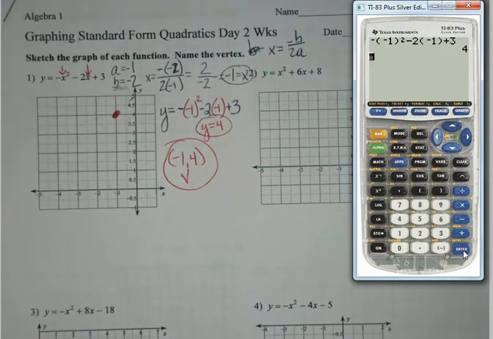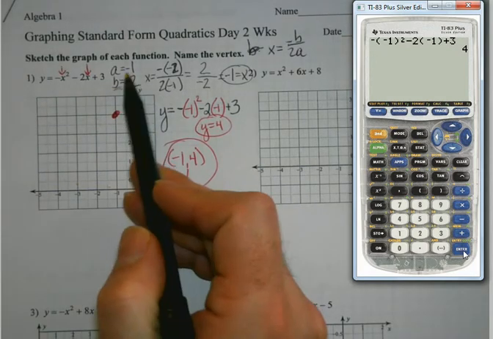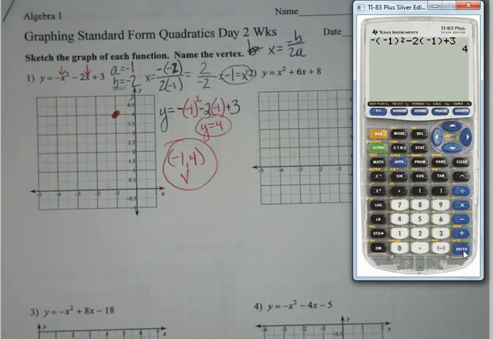Now here's my question for you. Do you think my parabola is going to open up or down? Down. Why down? Lucky guess. My a is negative. So remember, I can do this one of two ways.